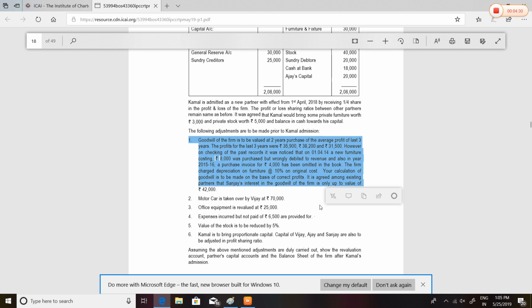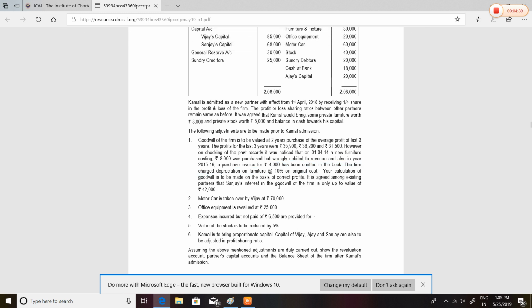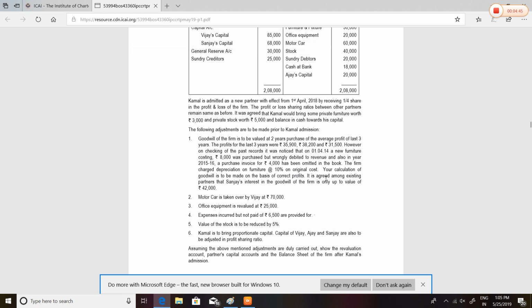Next point. The charge depreciation of rupees 4,000 was omitted in the book. The firm has charged depreciation on furniture at the rate of 10% on original cost. It was agreed that the existing partners' sacrifice in the goodwill was only 4,000 rupees. Okay.